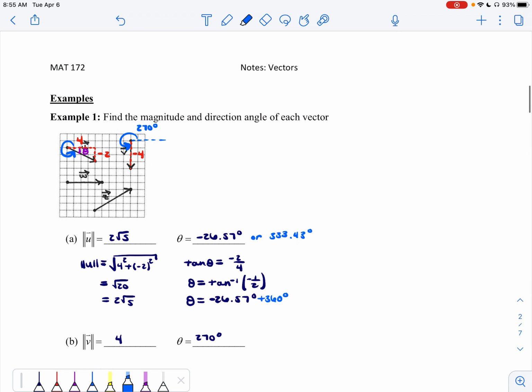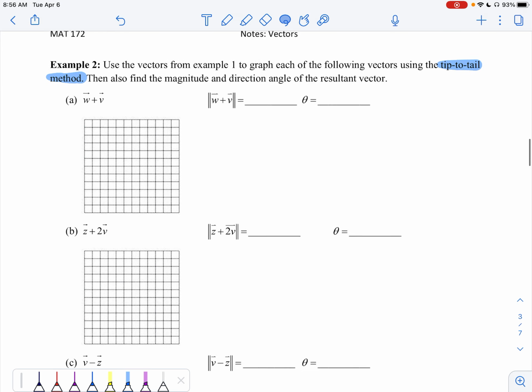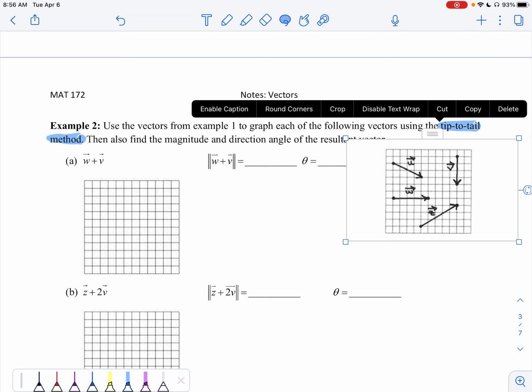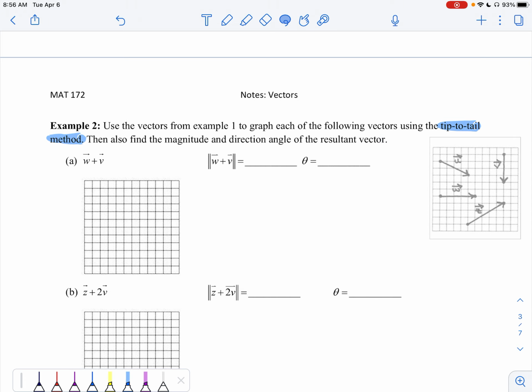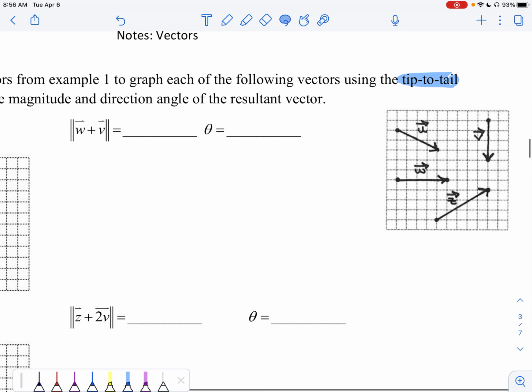Just for convenience, let me copy this down so we can have it in front of us.